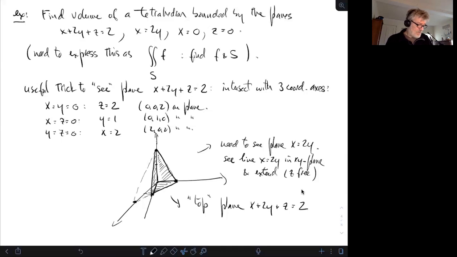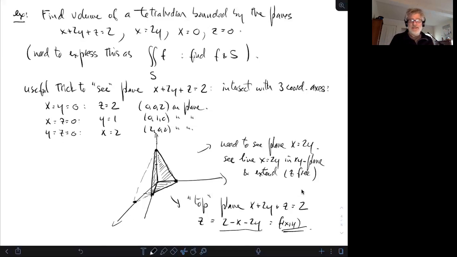And that's the same as z equals 2 minus x minus 2y. That's the graph of a function, f. That's our f, right? So if I integrate f over the base of the tetrahedron, I'm going to get the volume that I want, okay? So we found our f.